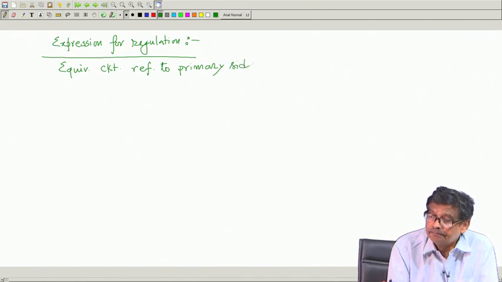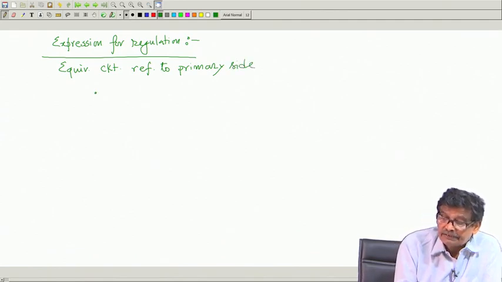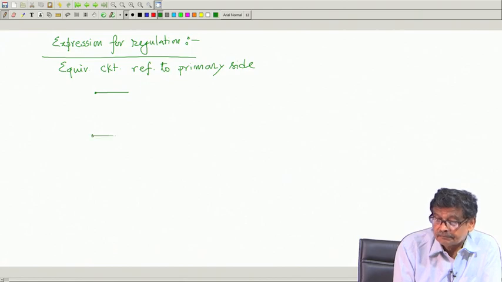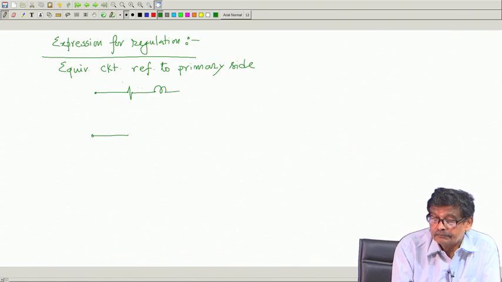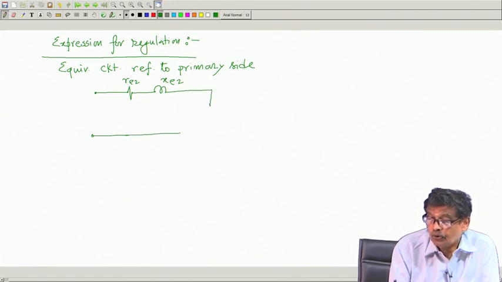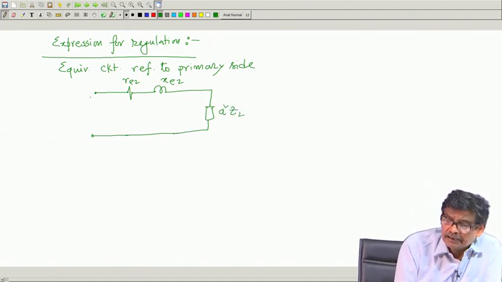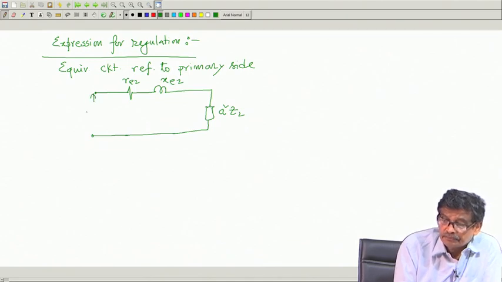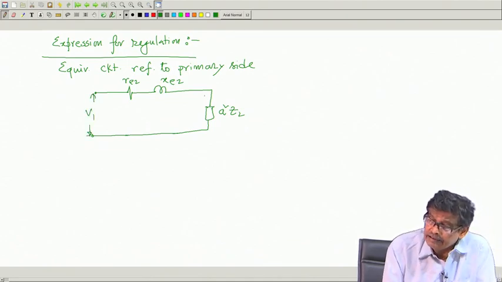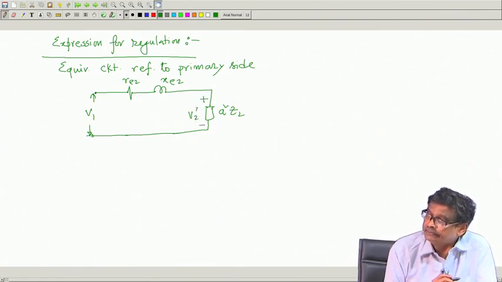Primary side. This will be simply this: RE2, XE2, and here is your load, reflected load A square Z2, and here is your V1. And the voltage here I must write V2 dashed, is not?